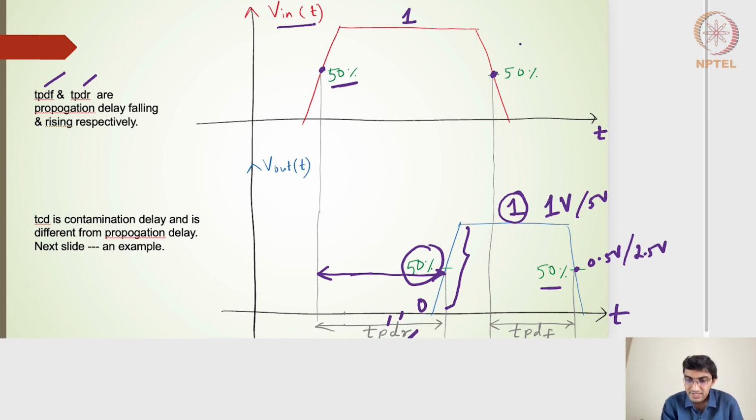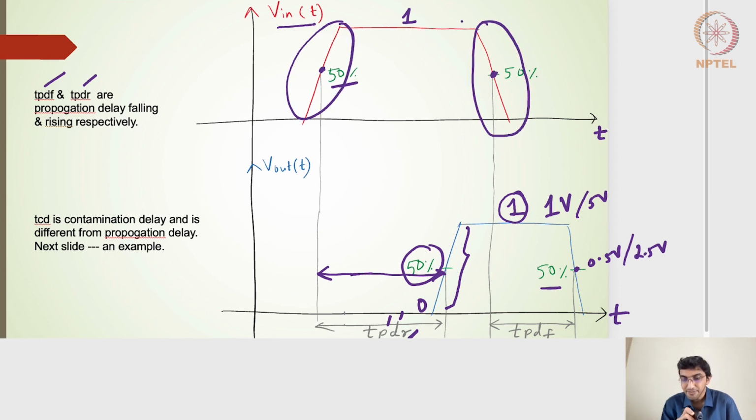Here I have taken a ramp signal, a rising signal and then a falling signal. But if it's a completely step input, and the output voltage turns out to be the very same as what I have drawn here, then it will be wherever the step input has begun, and the output, whenever it has reached 50% of the rising one.